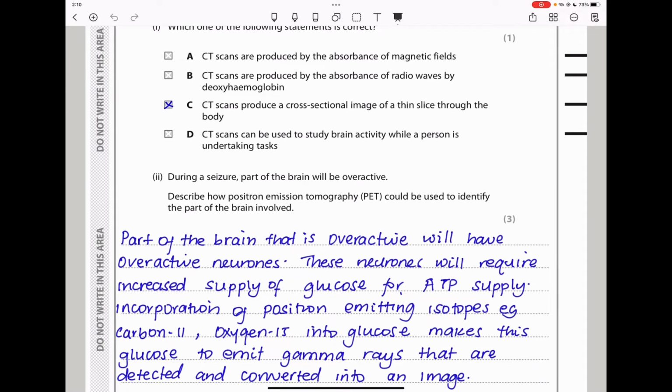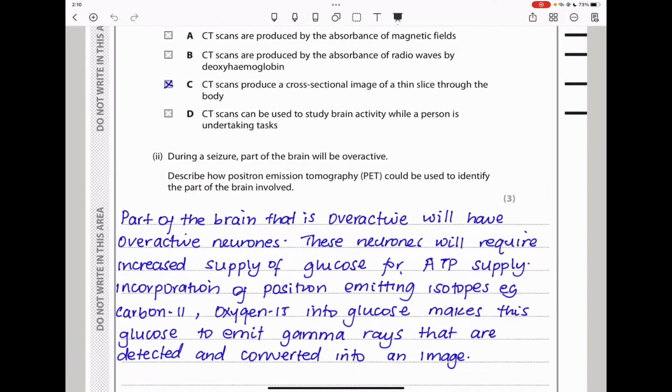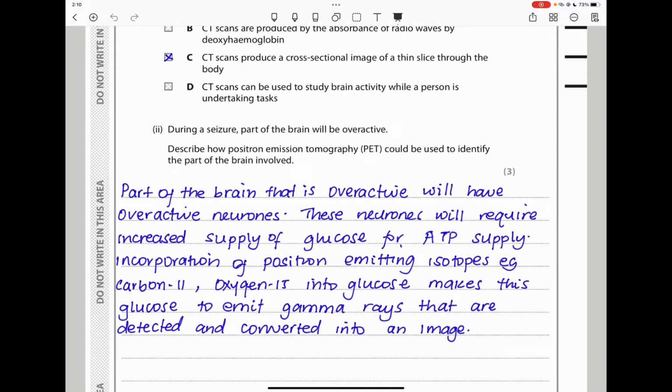Roman 2 says, during a seizure, part of the brain will be overactive. Describe how positron emission tomography could be used to identify the part of the brain involved. Again, remember, with positron emission tomography, the region of the brain that is hyperactive is going to take up glucose and carry out respiration, and therefore they can trace which part of the area is actually overactive.